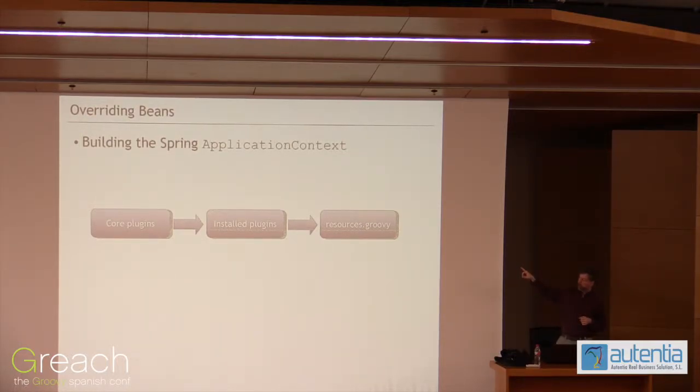The very last thing that happens is resources.groovy, in grails-app/conf/spring, and beans there can override any previously registered bean from a plugin or Grails itself. And that's awesome, because it just works.